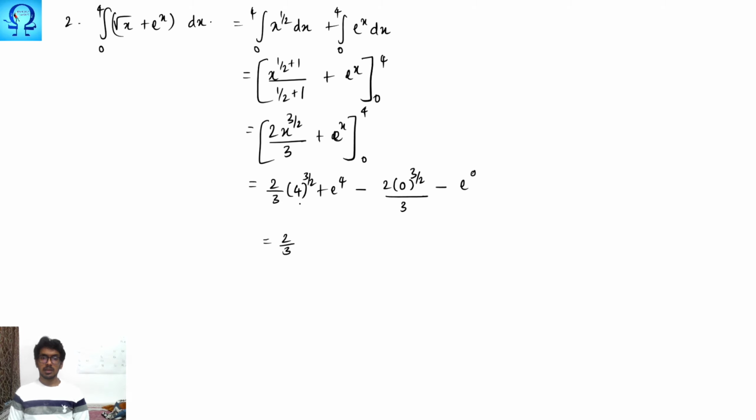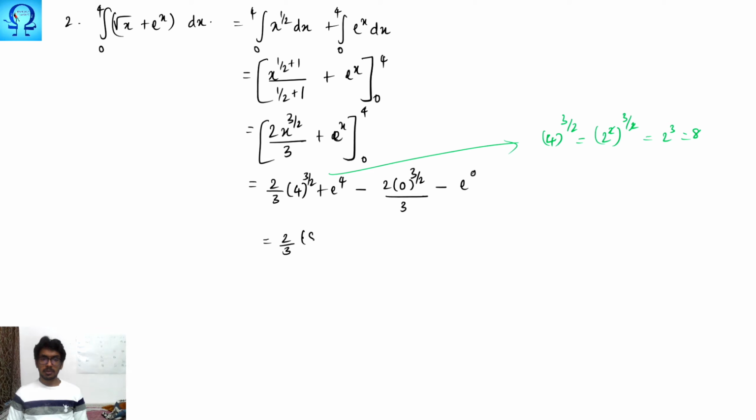Let me do it separately in different colors so that you will have a better understanding. For this alone, your 4 power 3 by 2, your 4 may be written as 2 squared to the power 3 by 2. So the denominator 2 gets cancelled with this, so you will have 2 cube, which is 8.